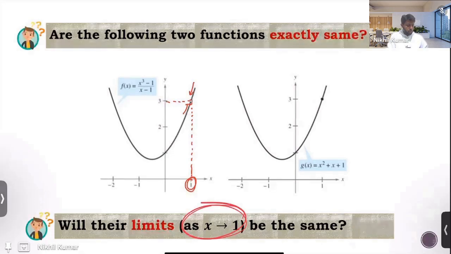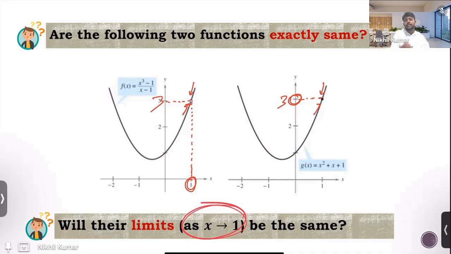If you approach both these functions from the left and right hand side respectively, you are going to get the same value of the function, which is 3. In this case also. That's why, even if at that exact point the function is defined or not defined, the limit is going to come out to be the same.